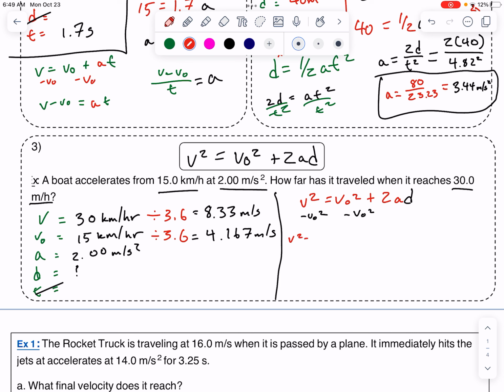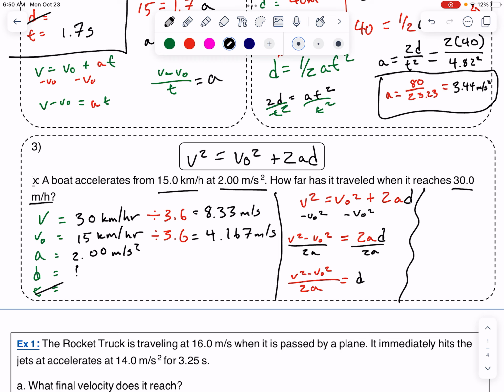We have V squared minus V0 squared equals 2A times displacement, and now I can divide both sides by 2A, which gives me V squared minus V0 squared divided by 2A equals my displacement.